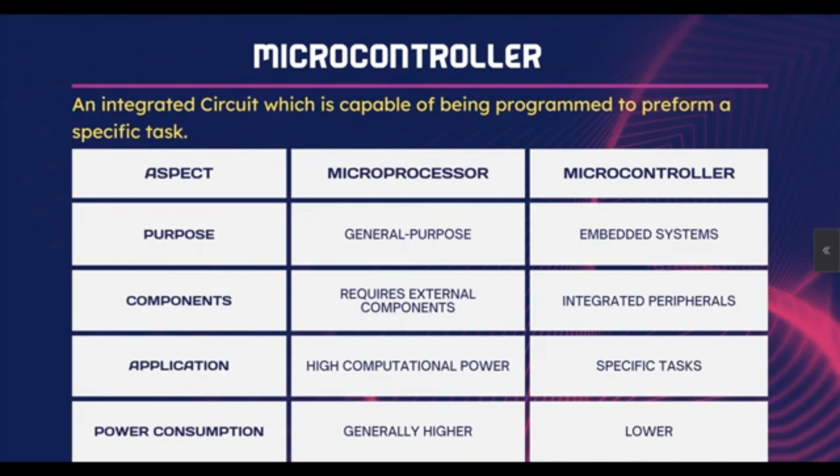In terms of application, a microprocessor needs high computation power, but a microcontroller is only used for specific tasks, so it only needs comparatively low computation power. Next, in terms of power consumption, microprocessors generally have higher power consumption than microcontrollers.